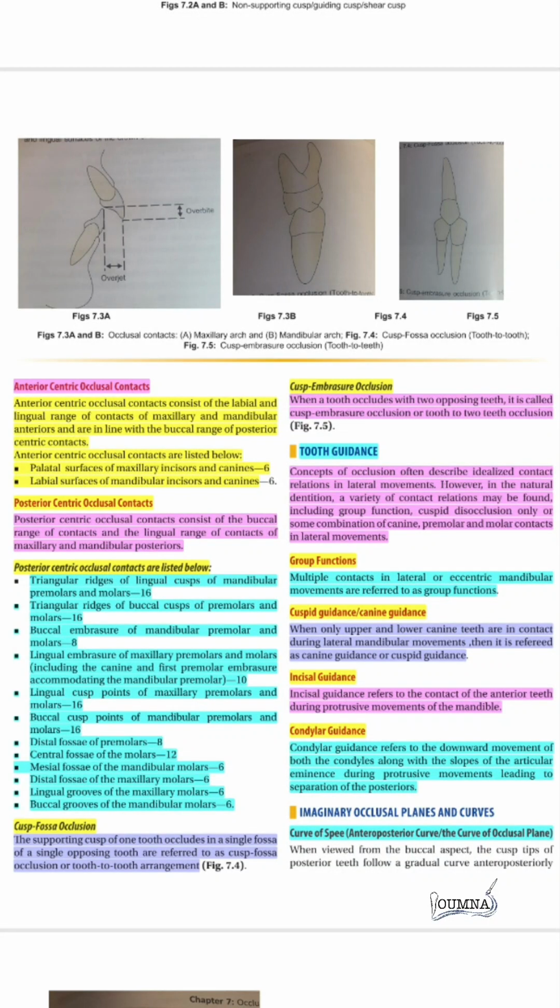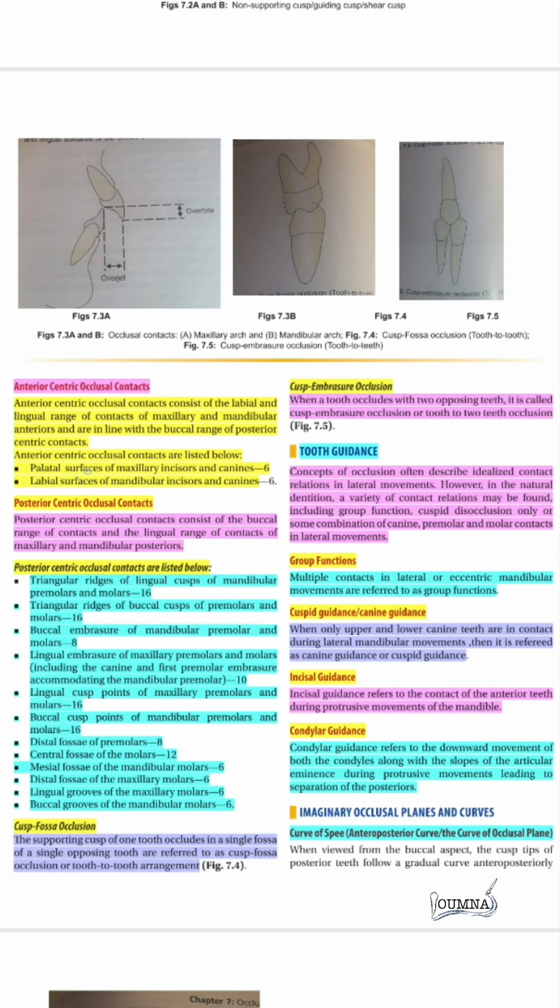In this chapter, we will discuss some occlusion concepts and the classification of malocclusion. Teeth occlude on each other by cusp to fossa occlusion, like in posterior teeth, or cusp embrasure occlusion, which is one tooth occluding on several ones.